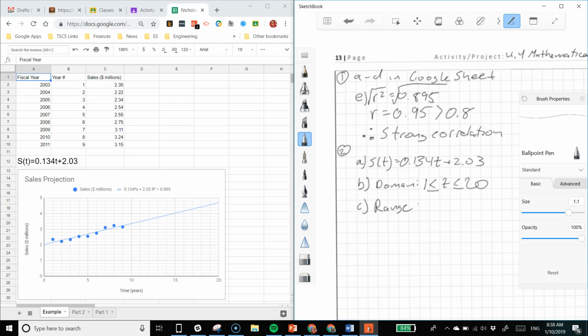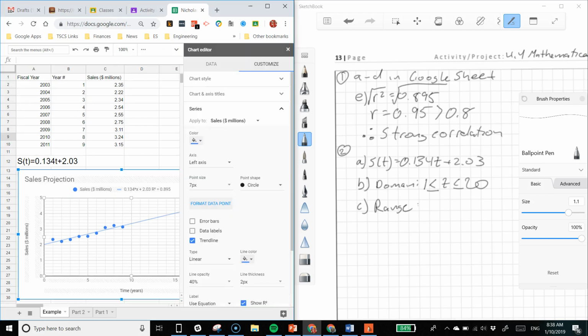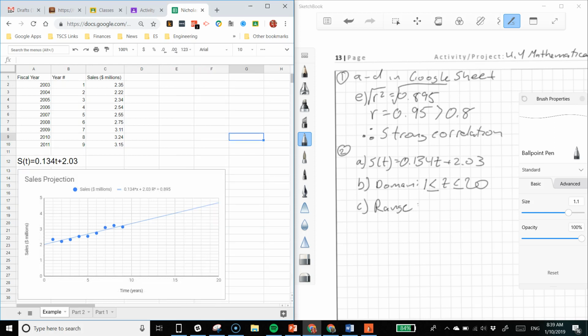So on my graph, for year 1 right here, based on the trend line, the range looks like 2.2 million.